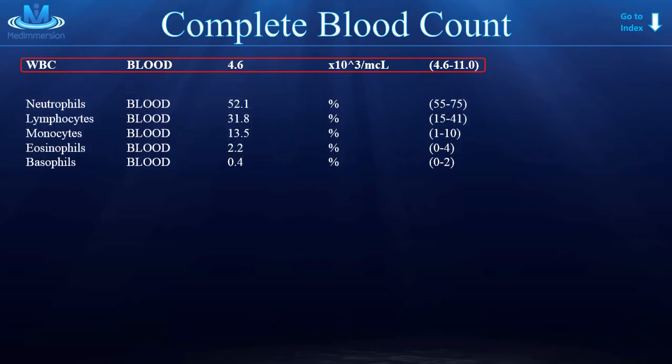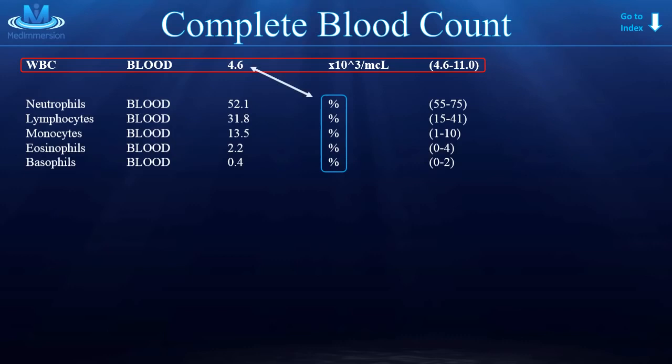What about the next 5 rows? Well, these next 5 rows are individual cell types or cell lines, and they are all white blood cells. You'll notice also that the units are given as a percentage.